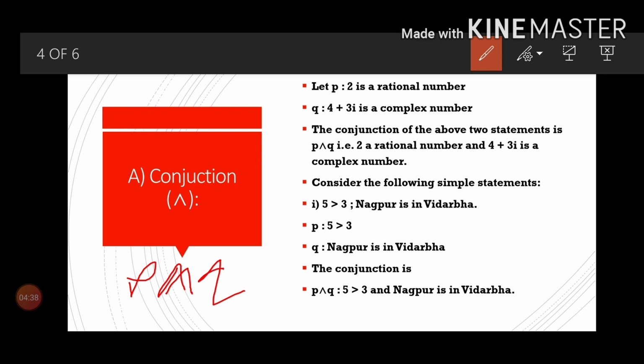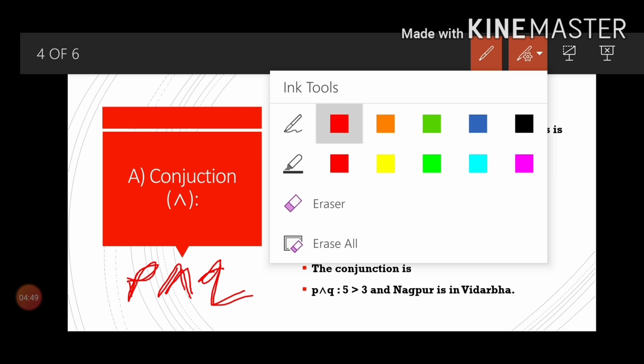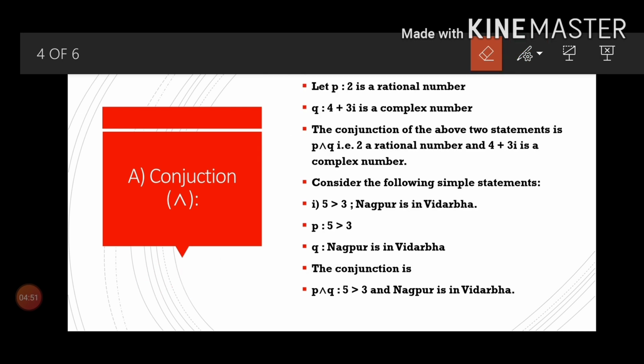The first statement is P, the second statement is Q, and conjunction means 'and'.